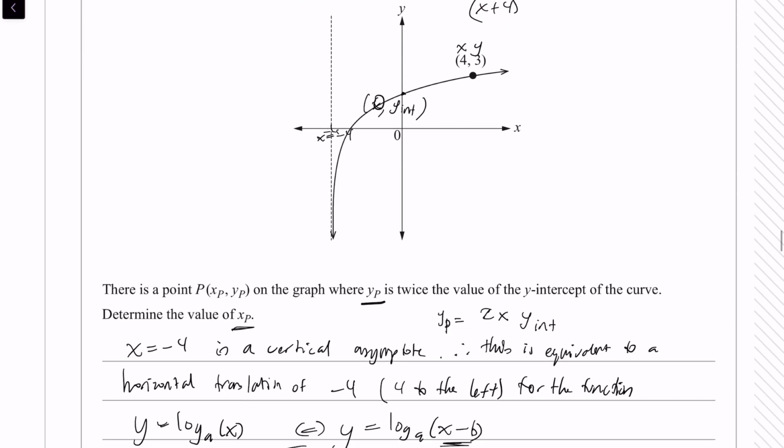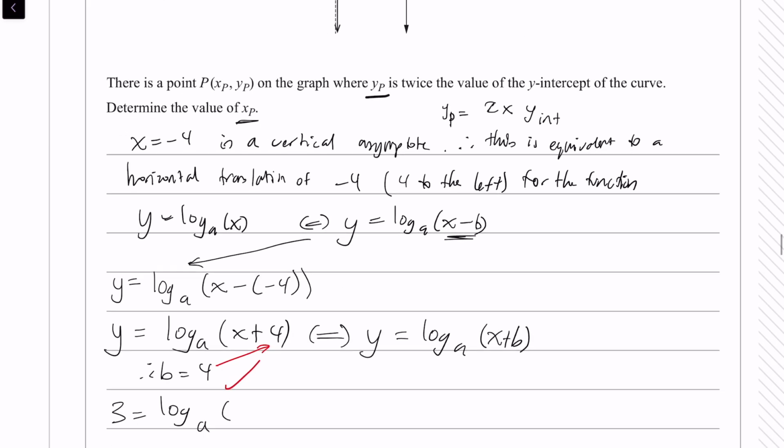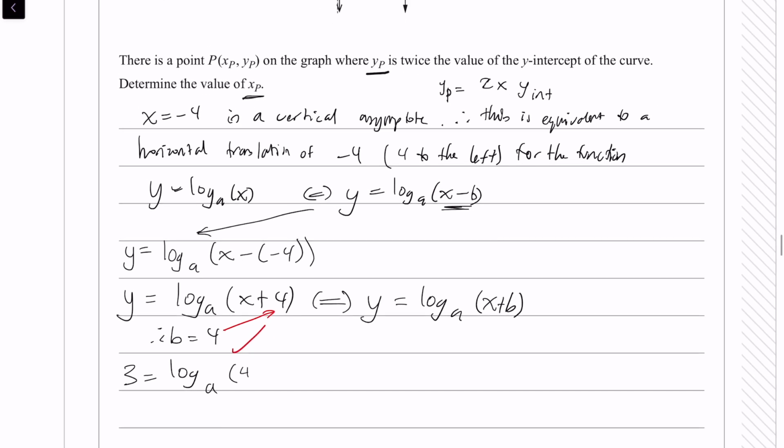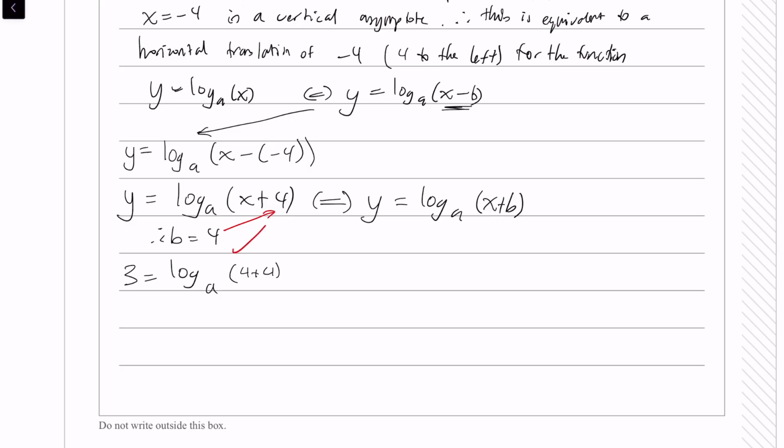So 4, 3. So 3 is my y, equals log base a, which is what we're trying to find. It's unknown. And then our x value is 4 plus 4.